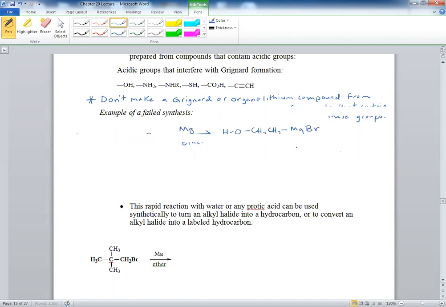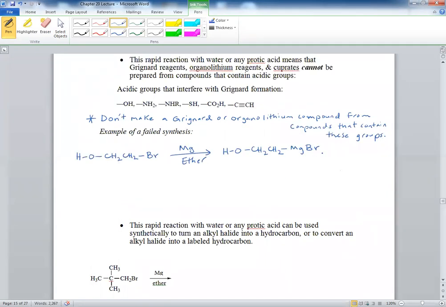Now the problem arises when you make this and then an interaction happens in the following way. Let's say we have another one of these, the starting material, and look what's going to happen now.